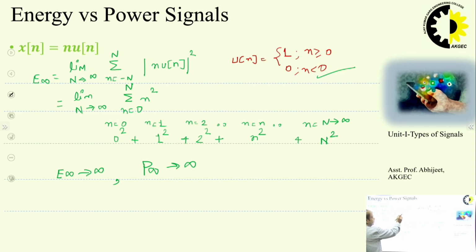So we are adding n square, n plus 1 times, and then we put the limit of infinity. So this is basically infinity. The energy is infinity. Even when this expression is divided by 2n plus 1 in the formulation of power, it is not possible for this to be a finite power signal, and therefore the signal is neither energy nor power.